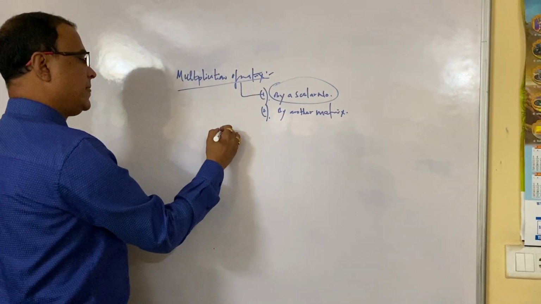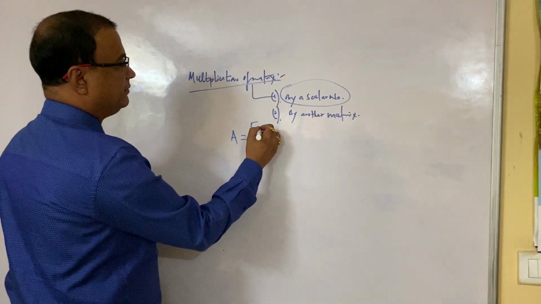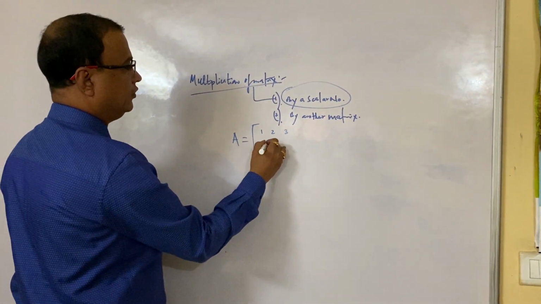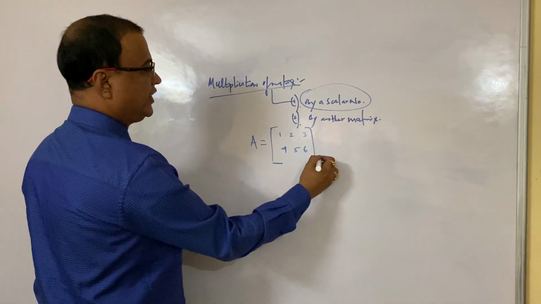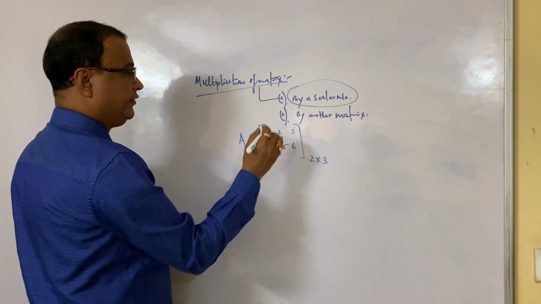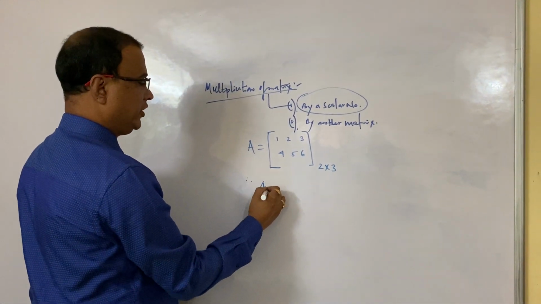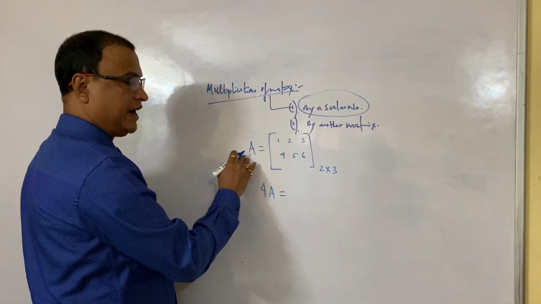In the case where you wish to multiply by a scalar number, this is very easy for us. If A is the matrix 1, 2, 3, 4, 5, 6, this is a matrix with 2 rows and 3 columns, 2 by 3, and if you want to find the matrix 4A, that means this matrix is to be multiplied by 4.